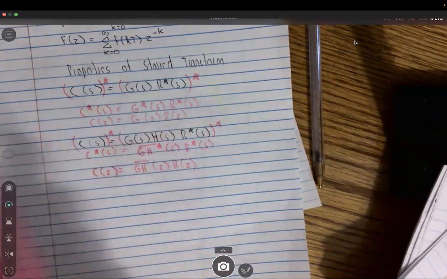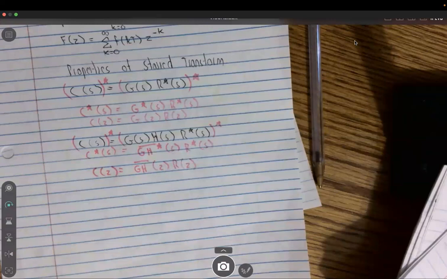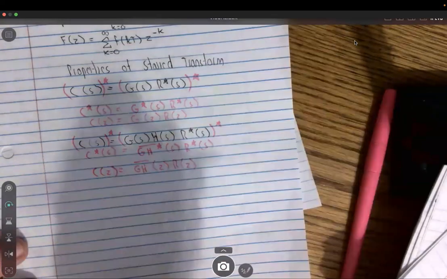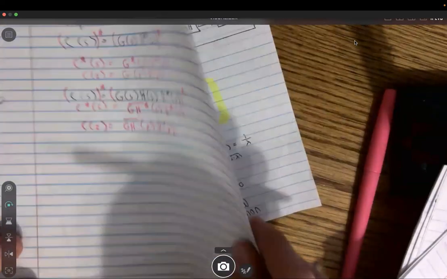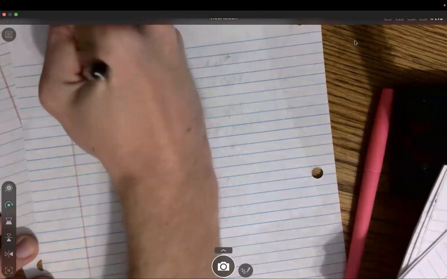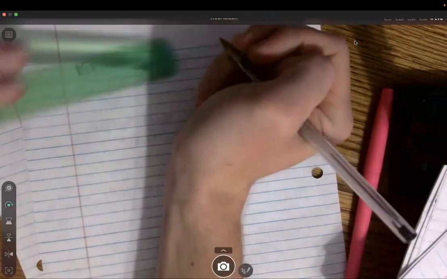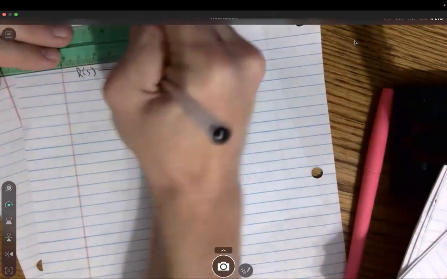In our example, let's say we have the following system. It has our R of S, and then we have a sampler. This is our open loop system.